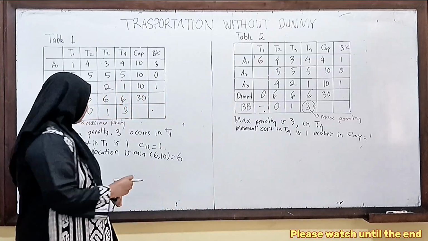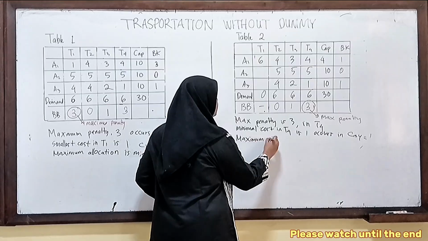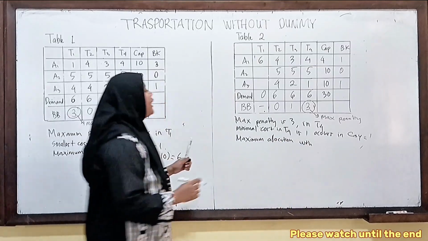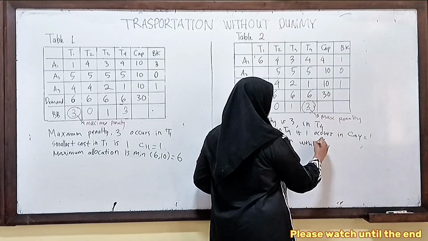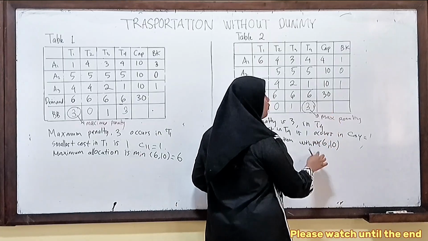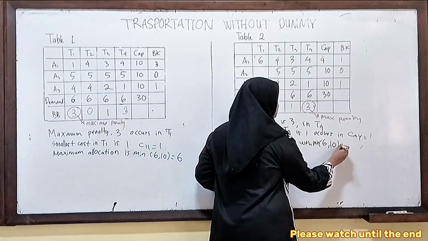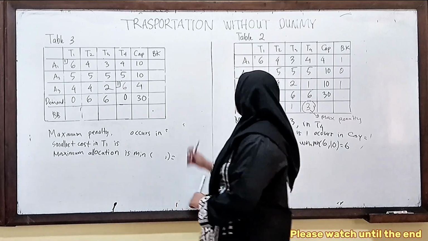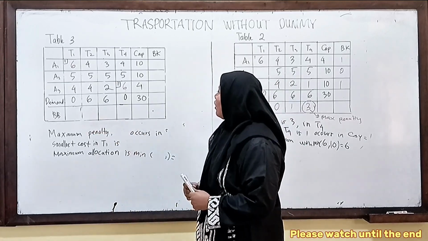Next, we find the maximum allocation, the minimum between the demand and the capacity. Here the demand is 6 and the capacity is 10, so the minimum between them is 6. Okay, so let's see the changes between table 2 and table 3.